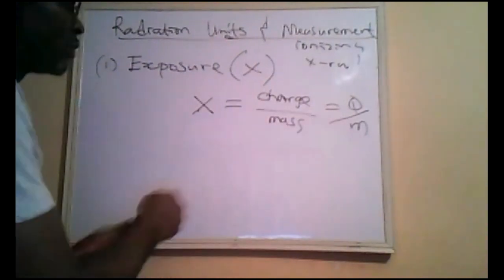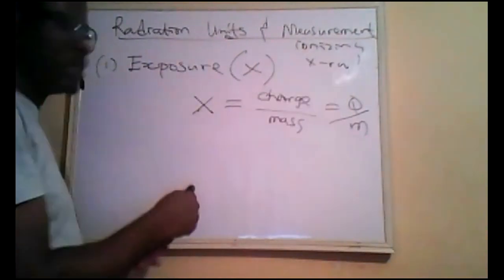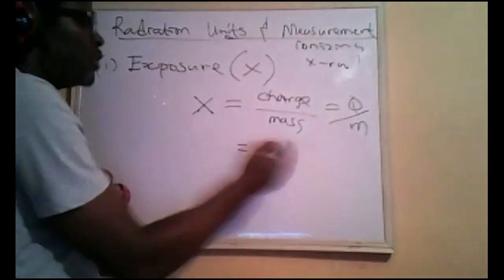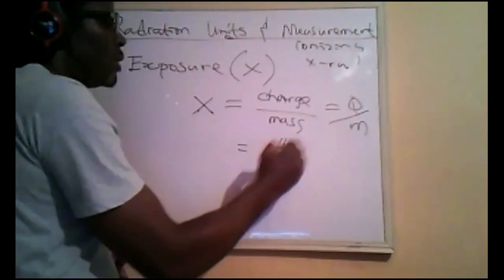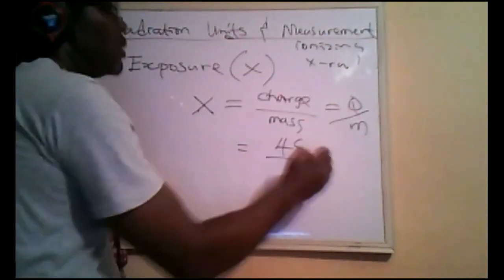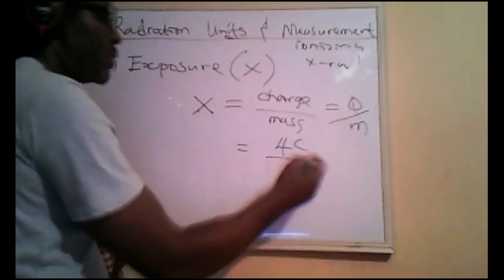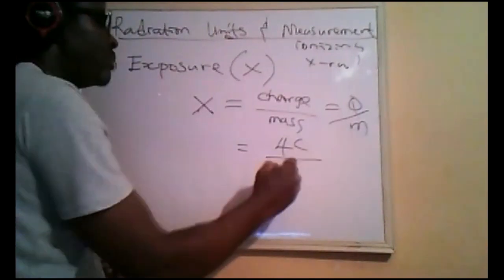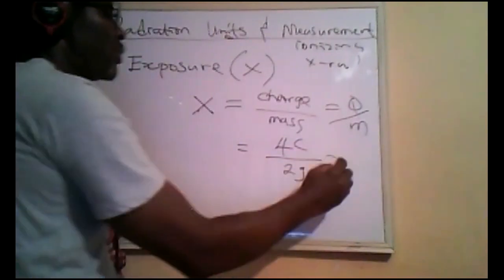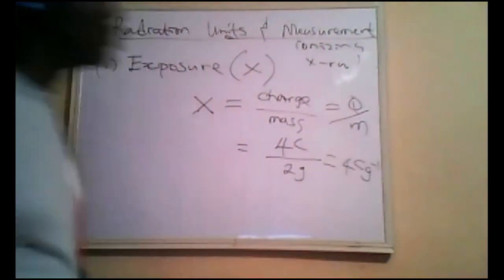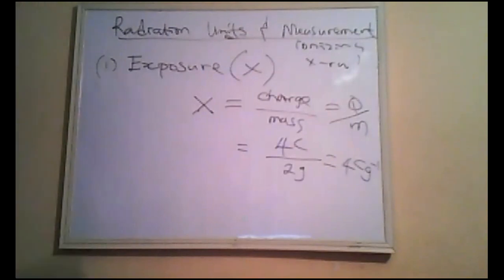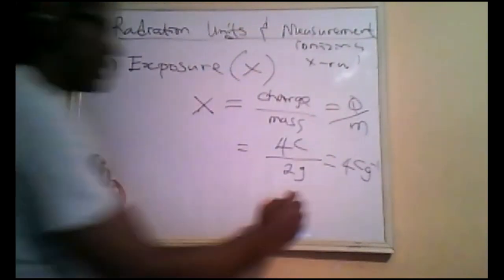Assuming it produces electron-ion pairs of a charge of 4 coulomb, and we are talking about a mass of maybe 2 grams, then we are going to have 4 coulomb per gram.